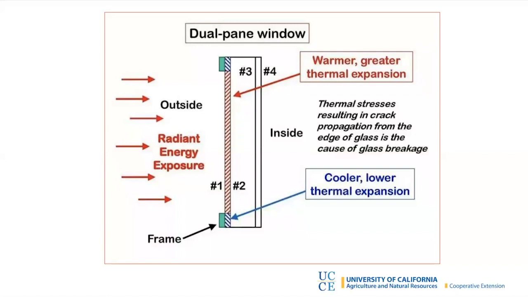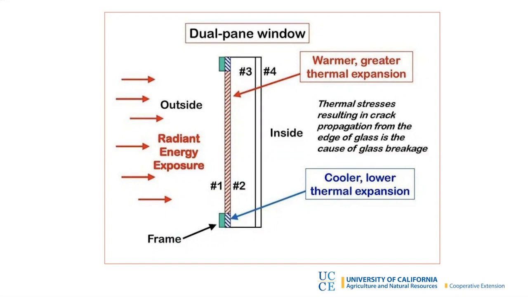So windows are vulnerable, or glass is vulnerable, because of the protection to part of the glass offered by that frame compared to the part of the glass that is completely exposed to either the flames or the radiant heat. In this picture, we're looking at radiant heat. Part of the glass gets hot, and the part of the glass protected by the frame doesn't get as hot.